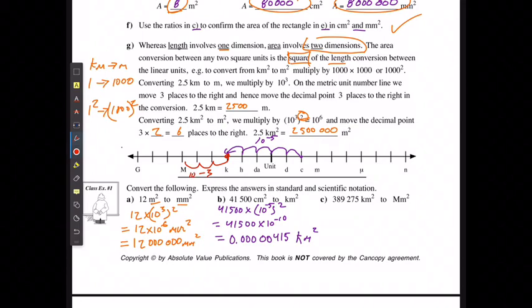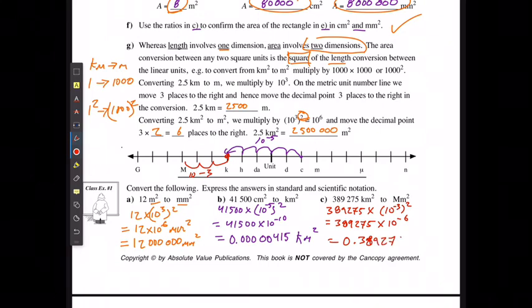So I'm going to say that this would be 389,275 times 10 to the negative 3 squared, or 389,275 times 10 to the negative 6, which would give me 0.389275.